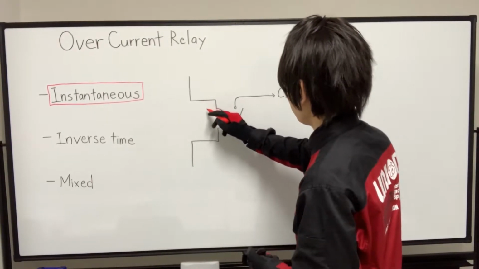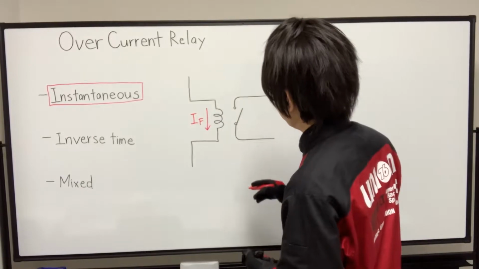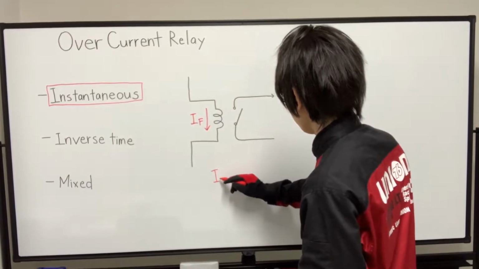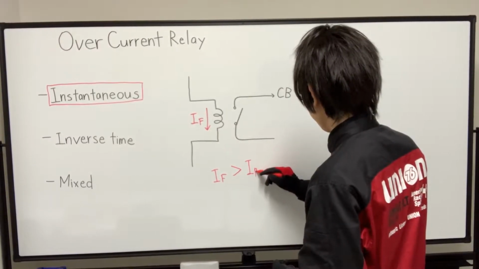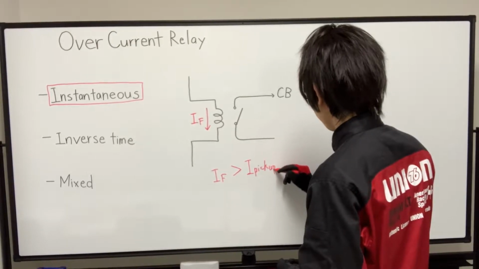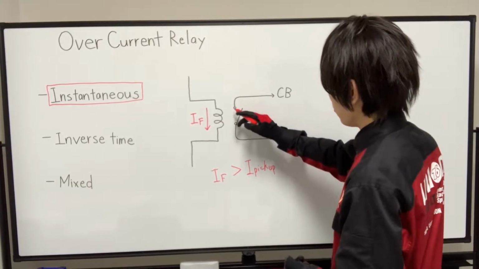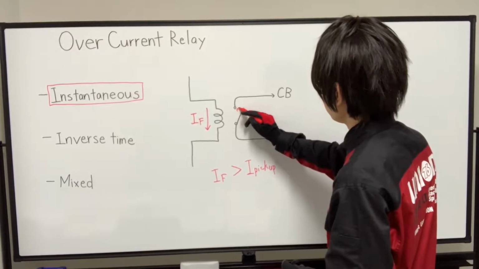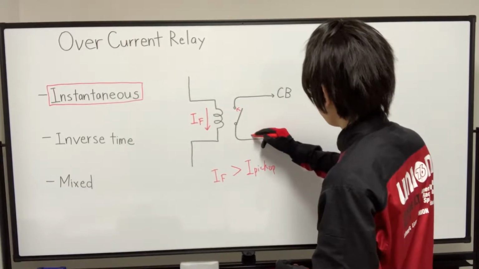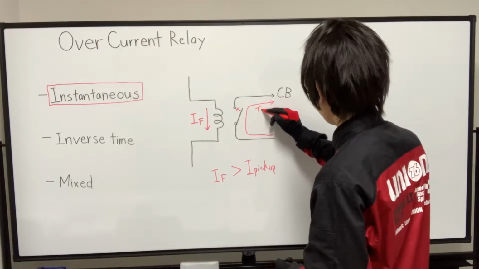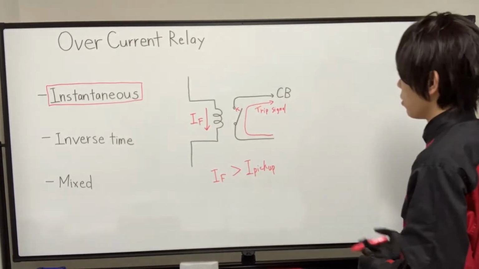So if the forward current passing through here is greater than the pickup value of the relay, this coil is energized and this contact, a normally open contact, turns to close, and the closed path is completed, and a trip signal is transmitted to the circuit breaker. And the circuit breaker will trip.